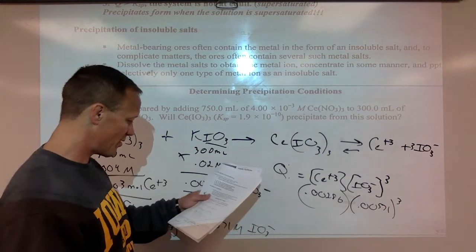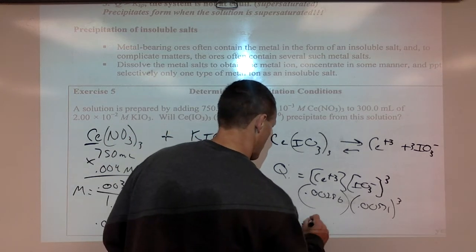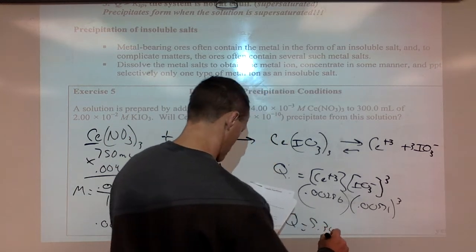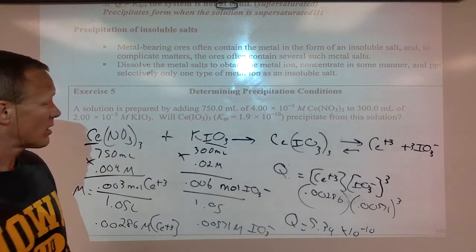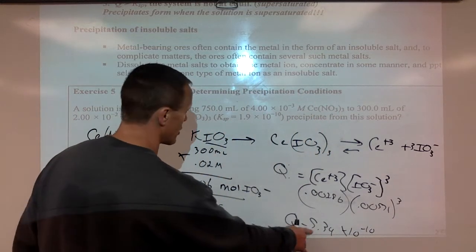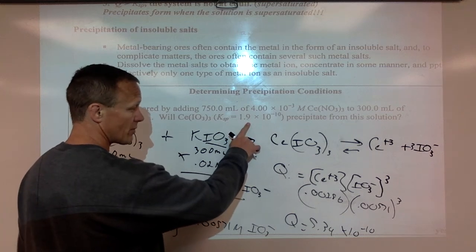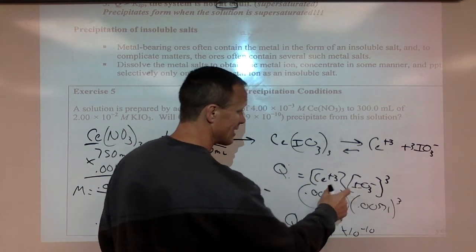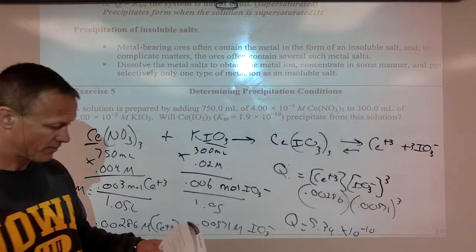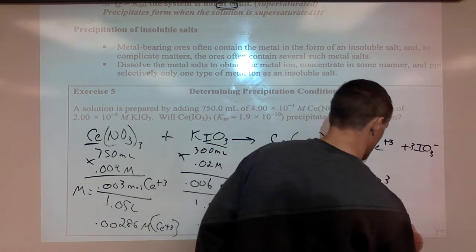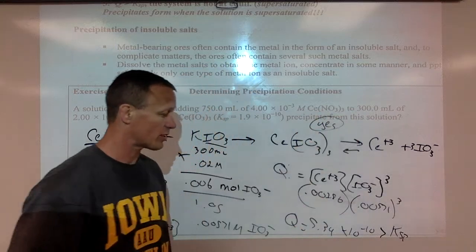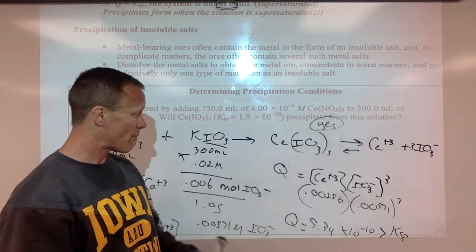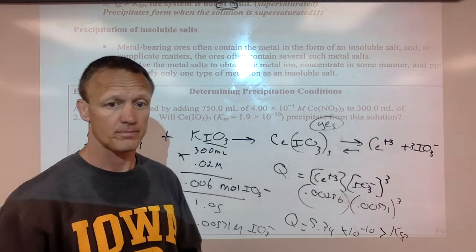We do that, we get a Q of 5.34 times 10 to the negative 10th, which is bigger than the KSP. It's not by much greater than KSP. So yes, there is a precipitate. You would get some precipitation, but not a lot because we're not much above the KSP value.